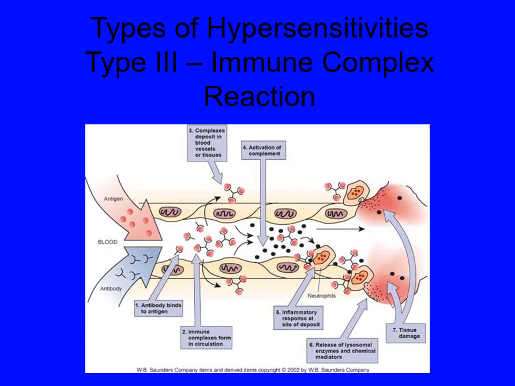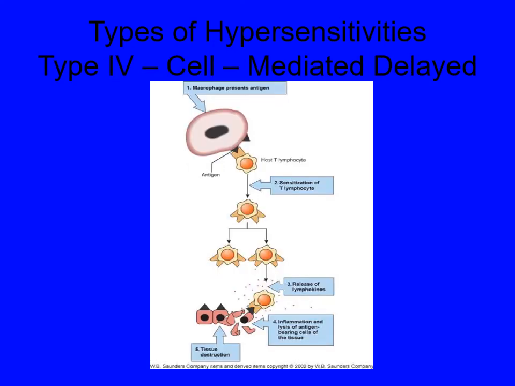So this is the process that causes the injury to the tissue in autoimmune diseases. And it can cause inflammation, vasculitis. So this is type 3 immune complex reaction. So lupus, Graves' disease, these type of diseases will result in this type of reaction.